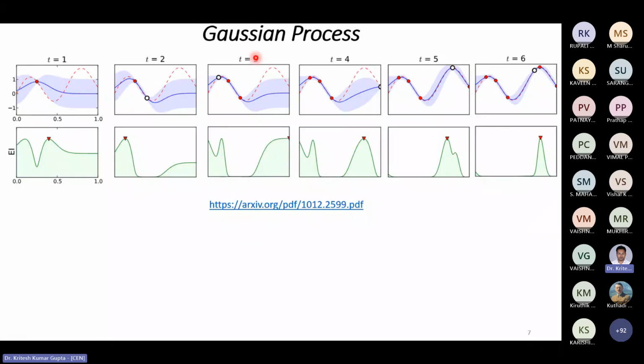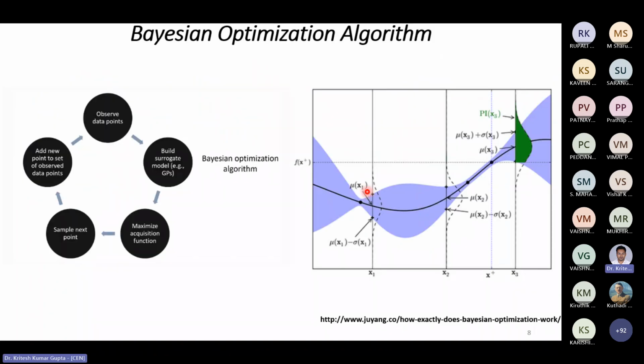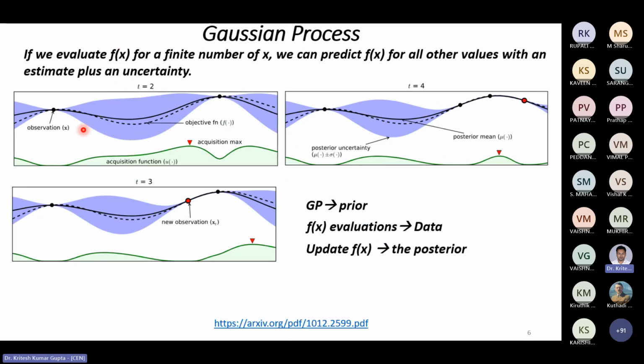So what is the algorithm or what is the philosophy behind Bayesian optimization while performing hyperparameter tuning? Okay. So in this, just look at the left-hand side, the flow diagram which is given. This is the philosophy behind the Bayesian optimization algorithm. Okay. So we observe some data points, as we have seen in the previous cases, prior observations.